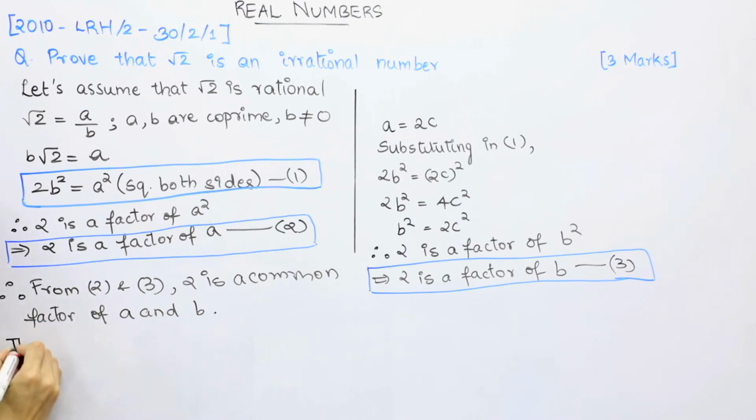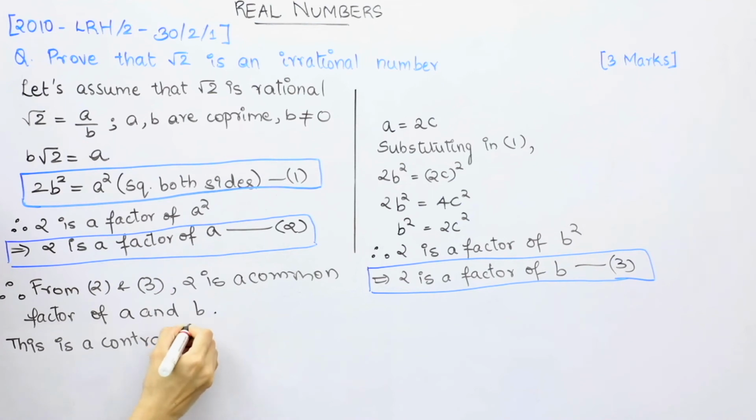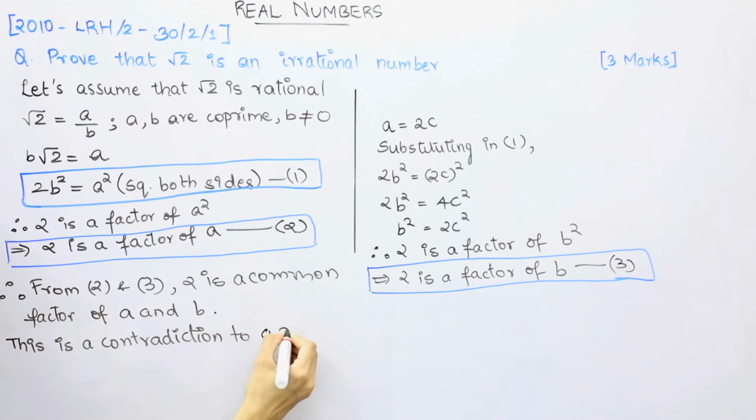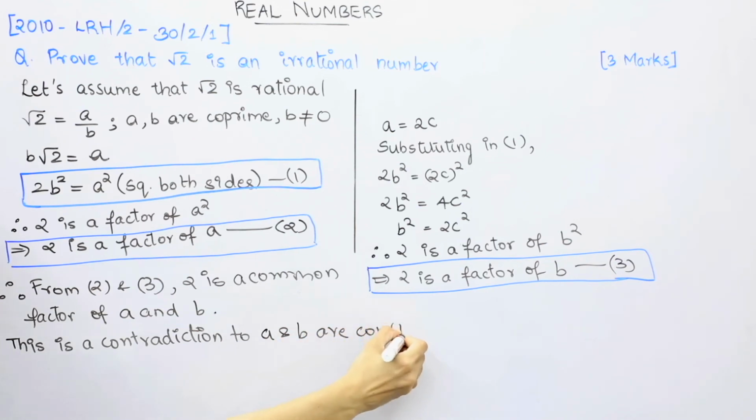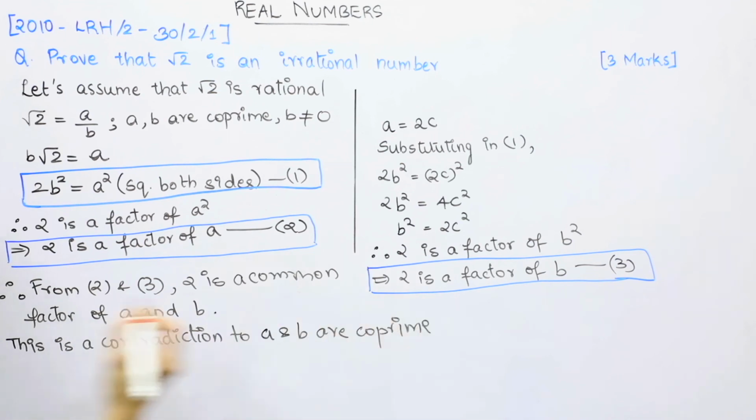So this is a contradiction to a and b are co-prime. The contradiction has emerged from our incorrect assumption. Therefore, a and b are not co-prime.